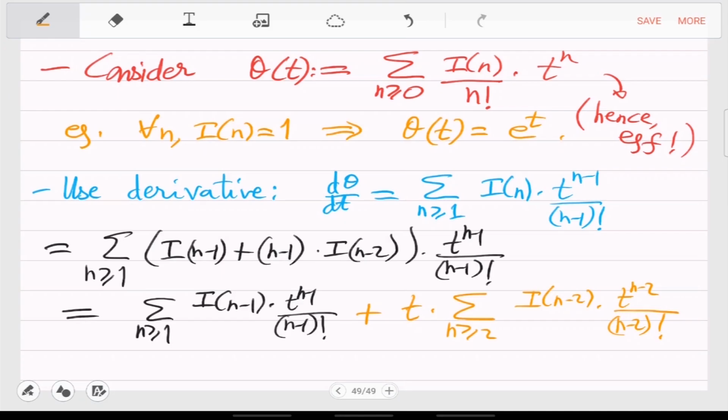Is that clear? So things are a bit shifted, but you can see that ultimately each of these is just theta. That was the magic of defining theta t. So you get theta t plus t times theta t. This is equal to the theta derivative.